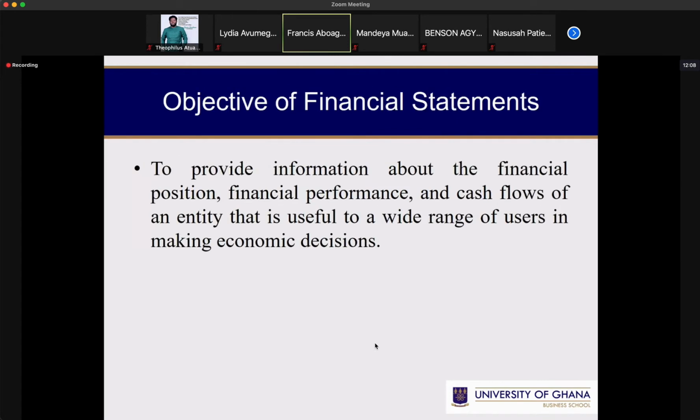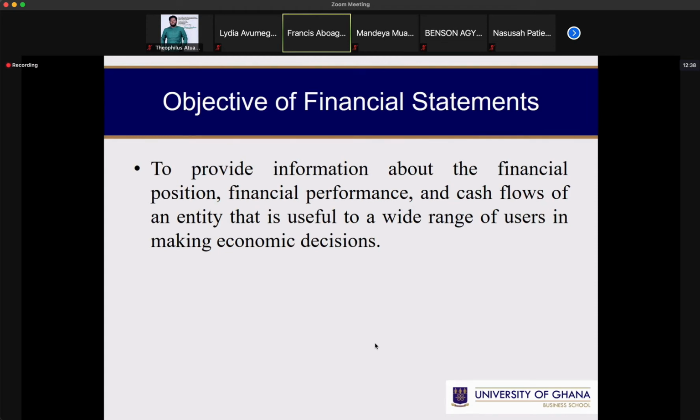Now, the financial statement will come as part of the annual report. And the main objective of the financial statement is to provide information of an entity with regards to the financial position of that entity.